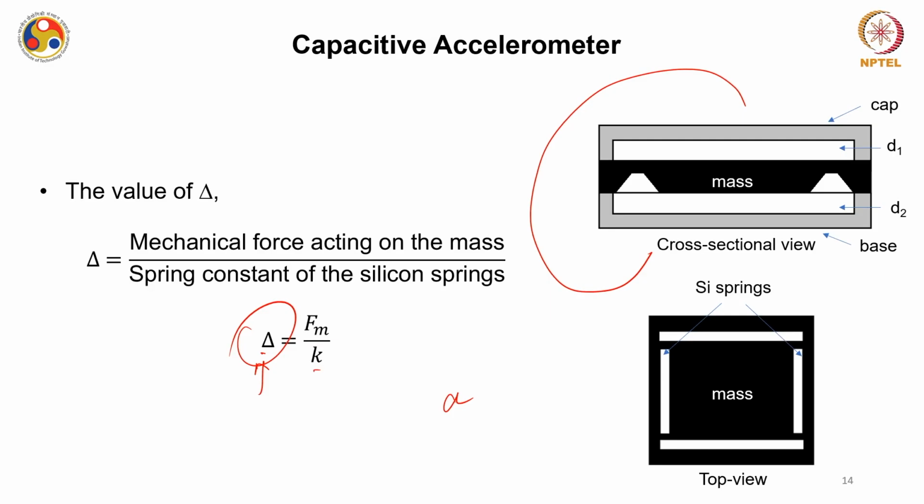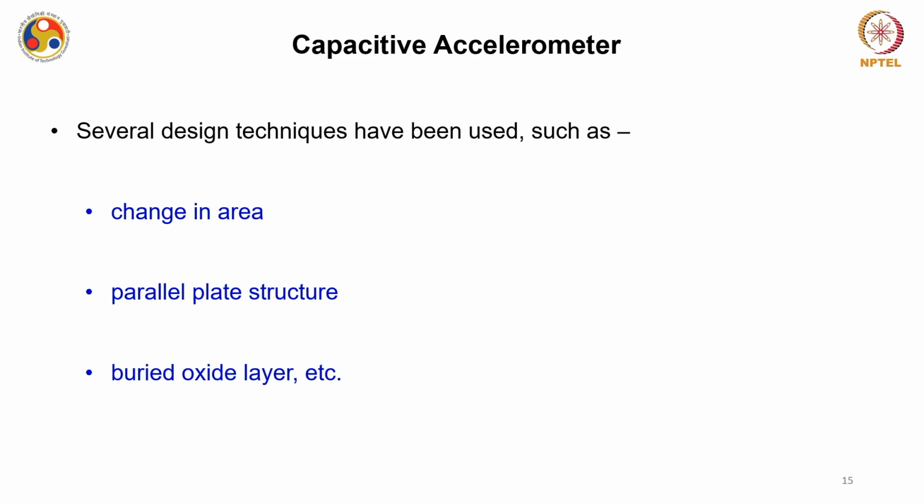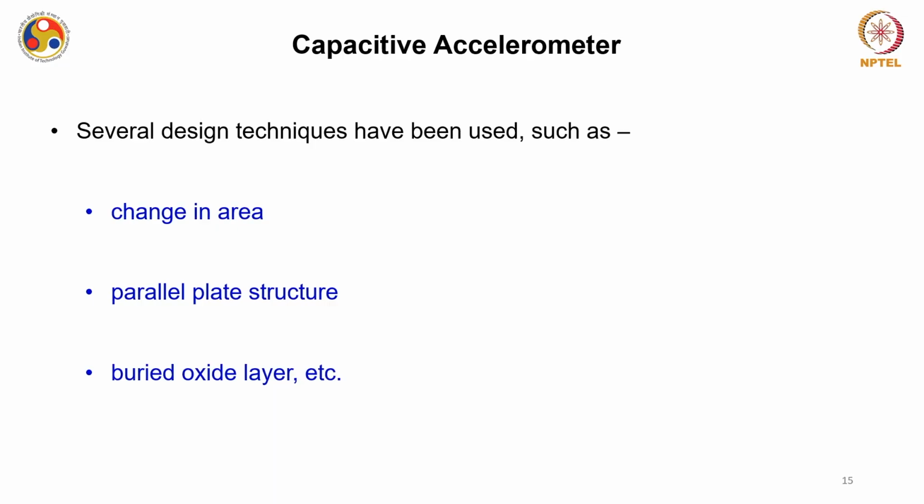So this is just one way to design capacitive accelerometers. There can be a number of ways, depending on what is changing. There can be a change in area, a change in the parallel plate structure, a change in the buried oxide layer, or a change in the dielectric material. We have just seen an example where the distance between the two plates was changing.